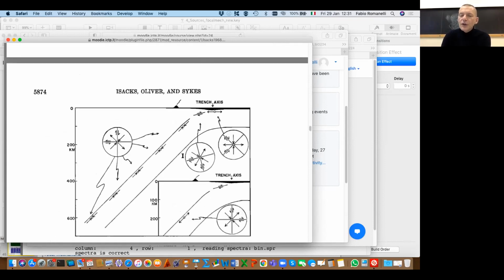You see, it's not yet the actual focal mechanism representation, but the concept is there. Slip, axis, you know, if you imagine to put black and white there, that's the focal mechanism as seen from the side.